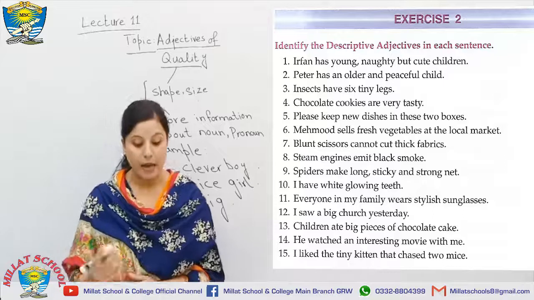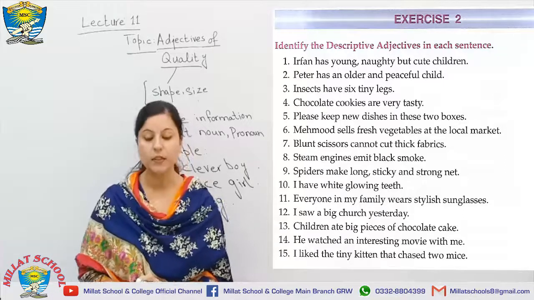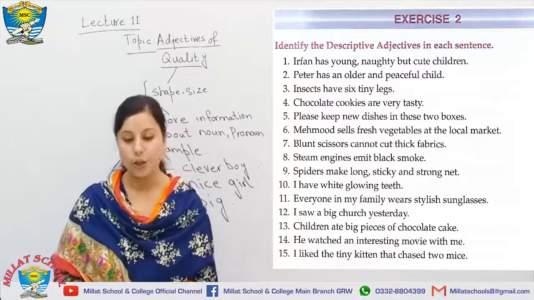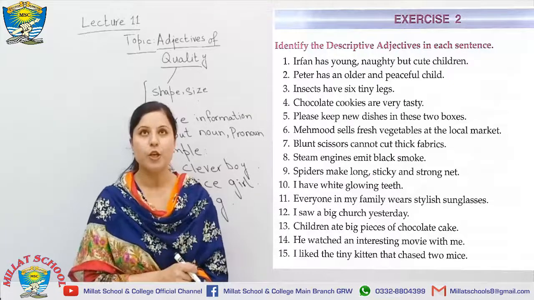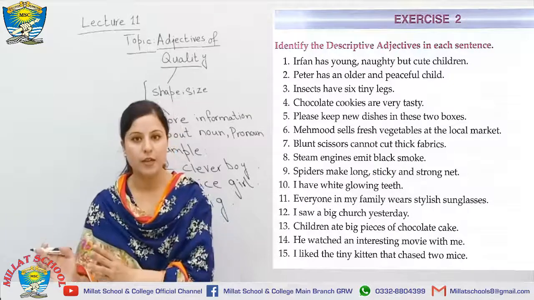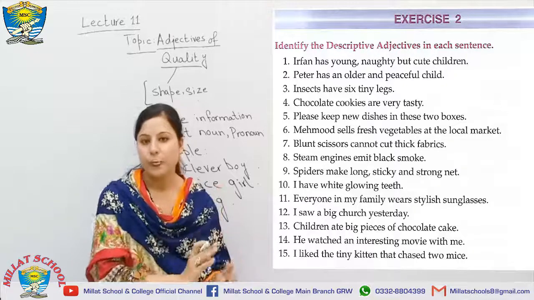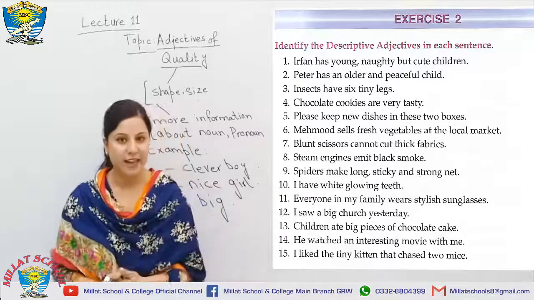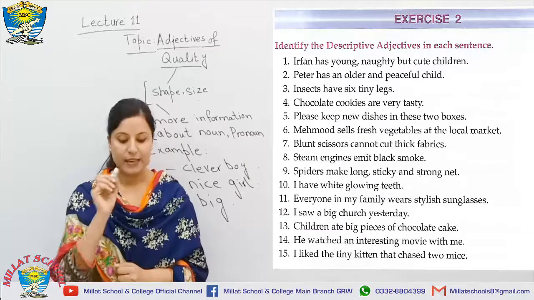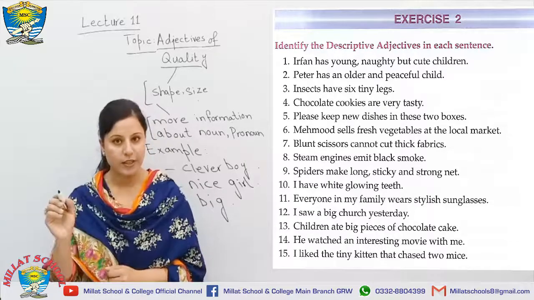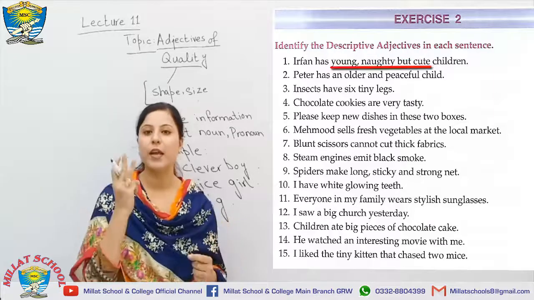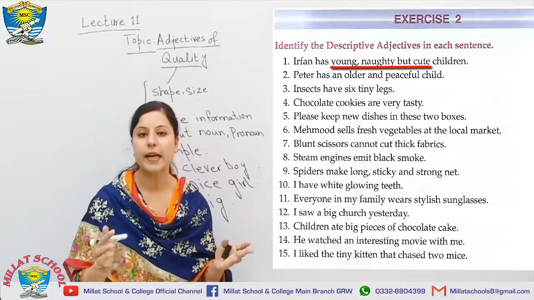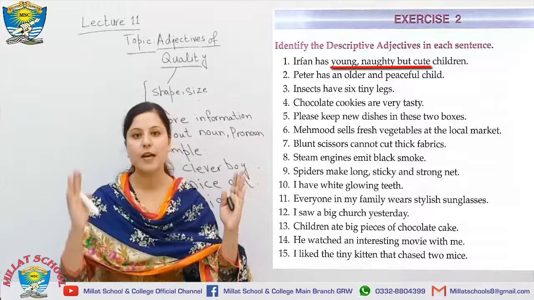Number 1. Irfan has young, naughty but cute children. There are so many adjectives used for the children of Irfan. So see the adjectives. Number 1, young, naughty and cute. In a single sentence, there are 3 adjectives of quality that has been used for Irfan's children.